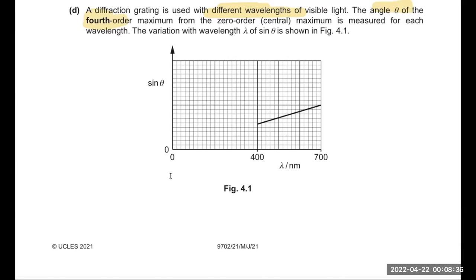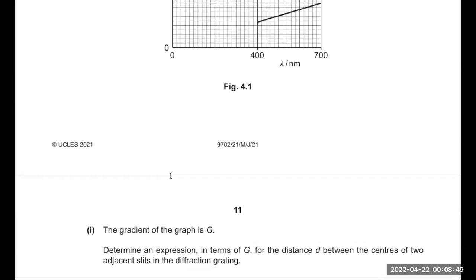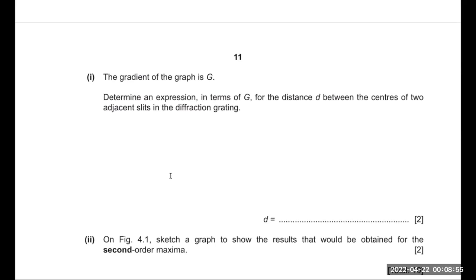The variation with wavelength lambda of sine theta is shown in figure 4.1. They've given you a graph of sine theta against lambda. The gradient of the graph is g. Determine an expression in terms of g for the distance d between the centers of two adjacent slits in the diffraction grating.